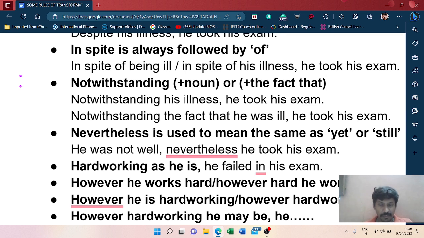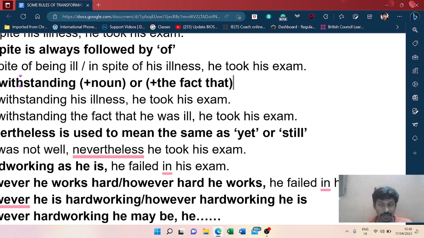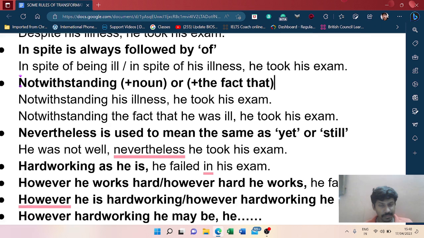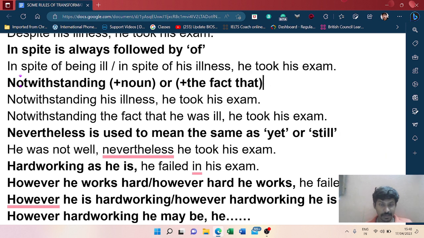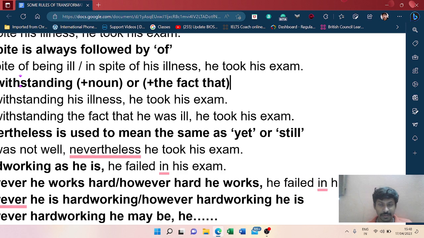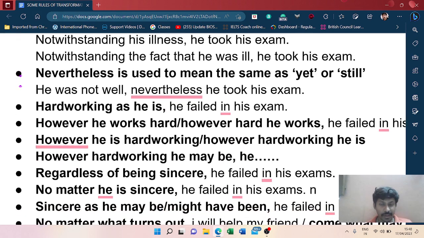The same thing we are going to write with however in the next point. However hard he works, he failed in his exams. Same thing in a different way. However he is hardworking, or however hardworking he is, then you may write the same thing. He failed in his exams. However hardworking he may be, he failed in his exam.